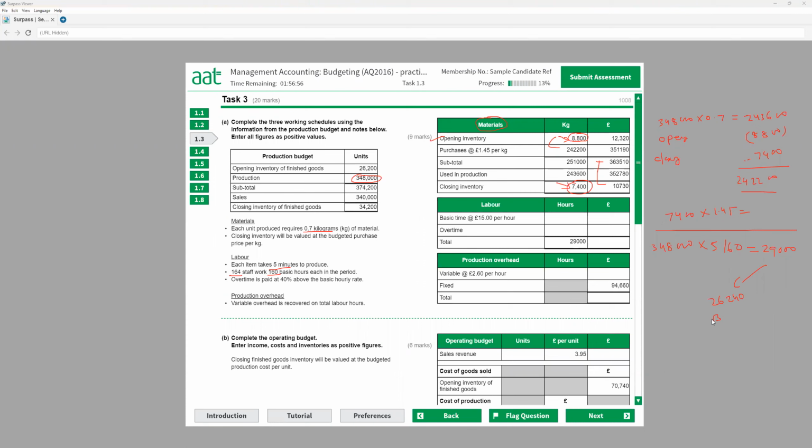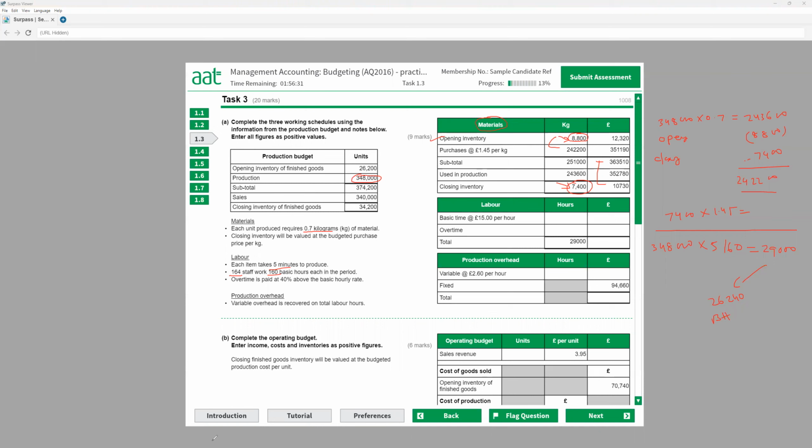And if this is the basic hour, then the next one, we have the overtime. The overtime, you can see here, is very clear. The overtime is only the difference between these two.